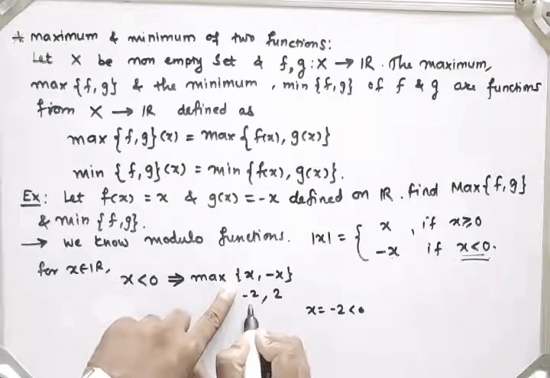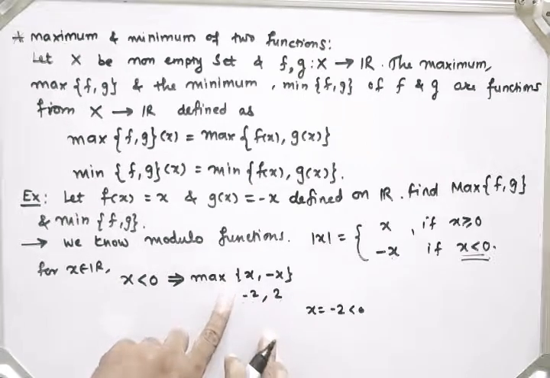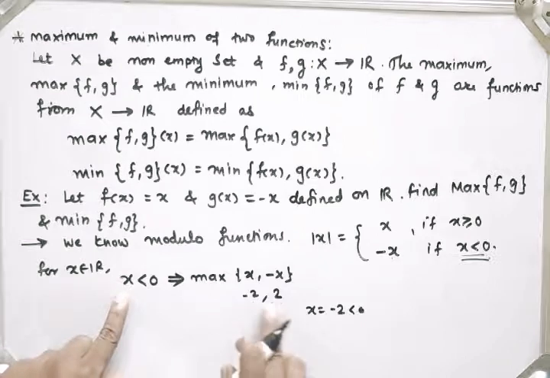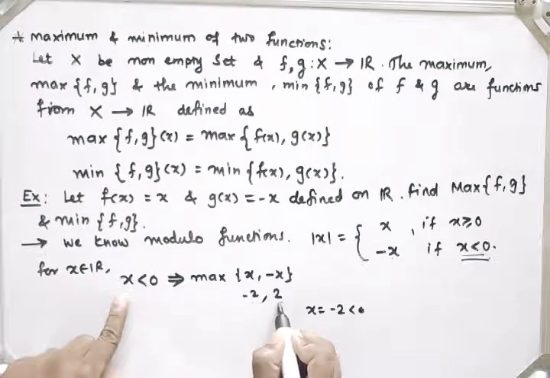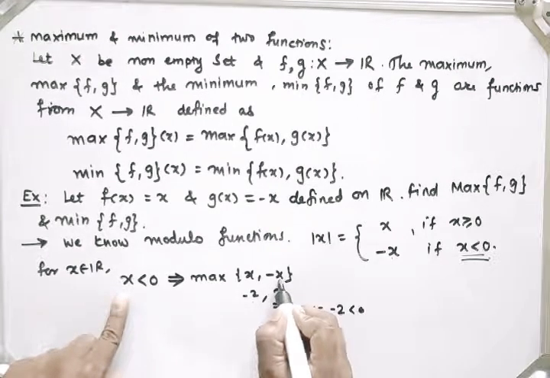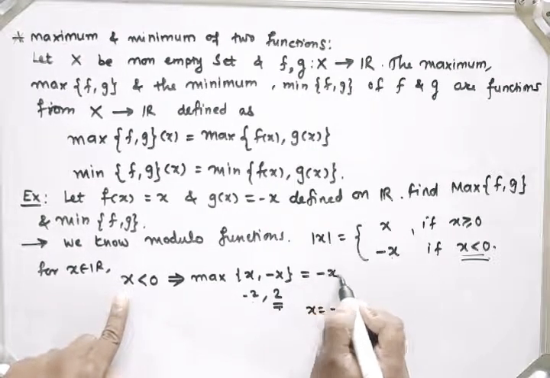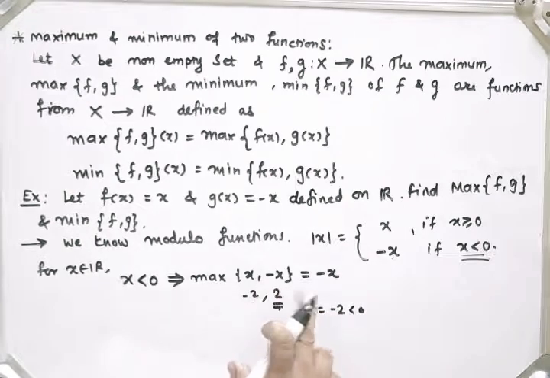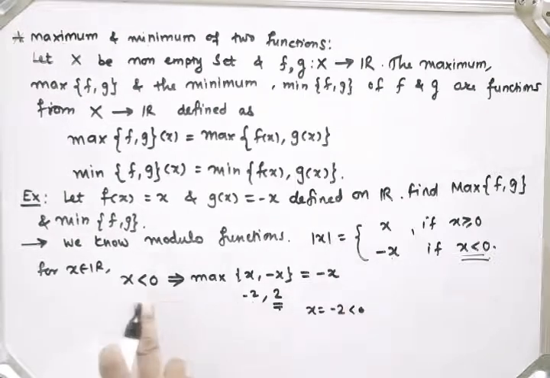So here this is the value of X and this is minus X. What is the maximum between these two? Minus 2 and 2. The maximum between these two will be 2, which is equal to minus X. So the maximum between X and minus X is minus X when X is less than 0.